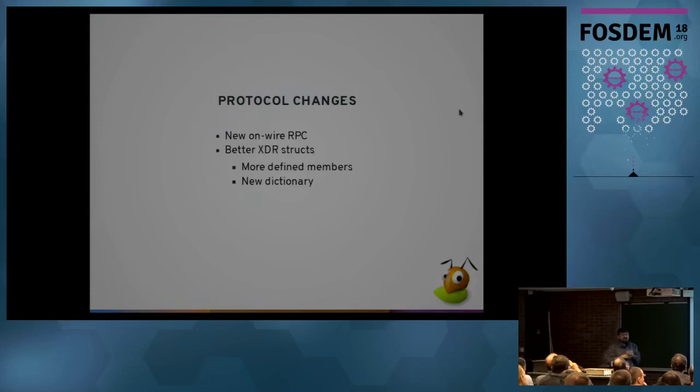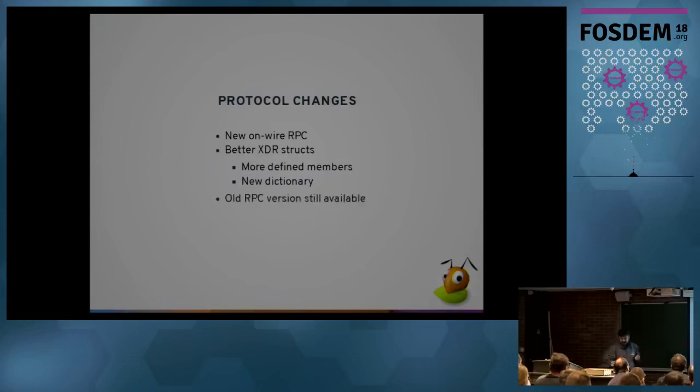All the values you added into the dictionary were encoded as strings to send over the wire, and when decoding, they were read back from strings and converted back to their original data type. That wasn't really good. So there is a new on-wire dictionary representation which avoids this, and that makes dictionaries more performant.